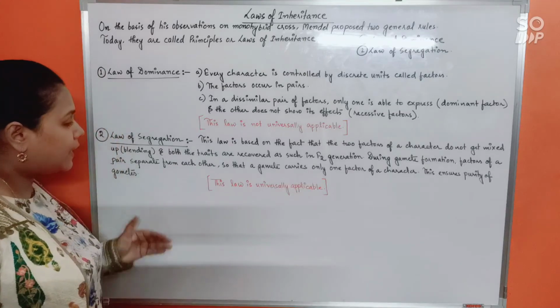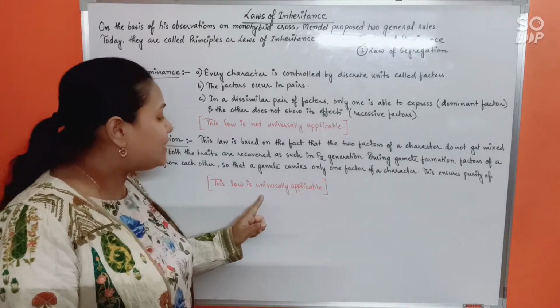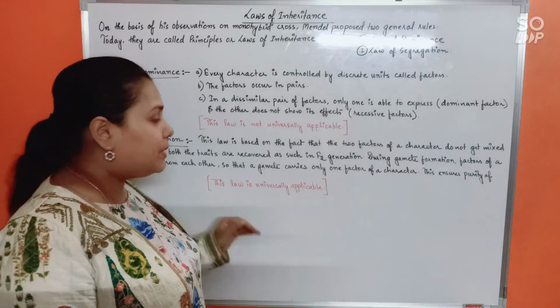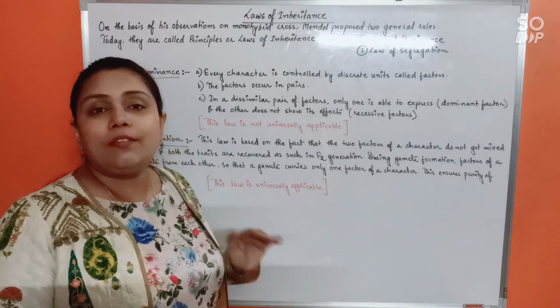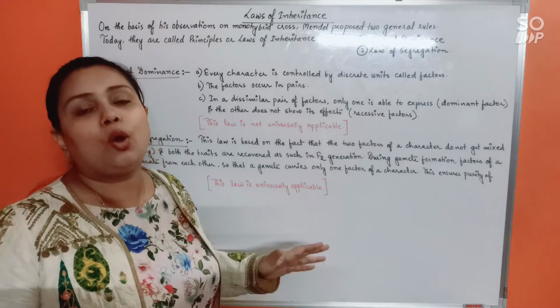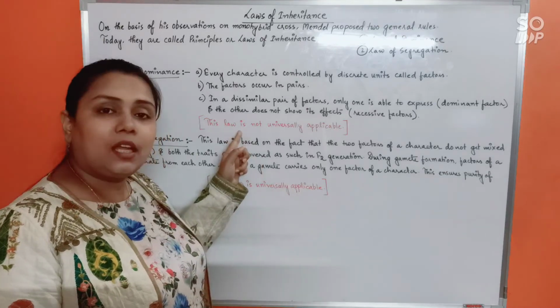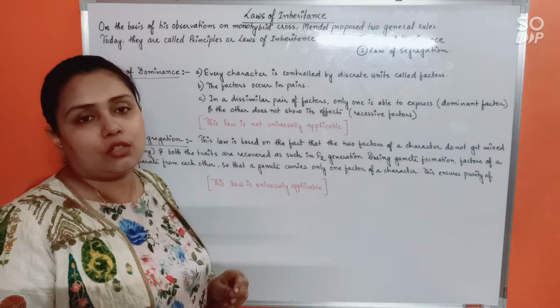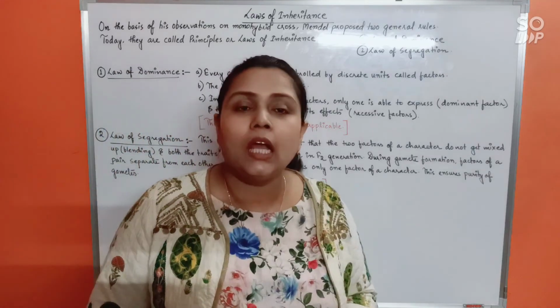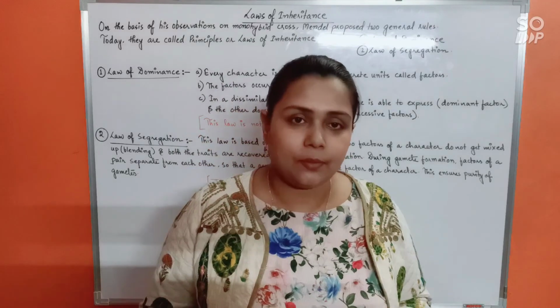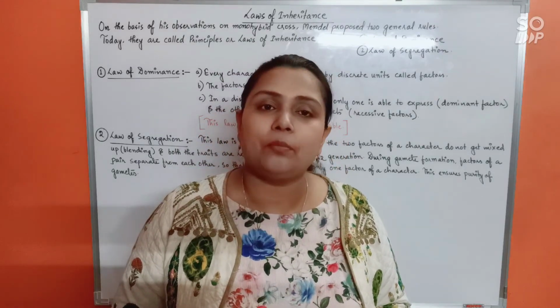But the law of segregation is universally applicable. This law does not show any deviation. It is going to be universally applicable to all organisms. But the law of dominance is going to show a lot of deviations. So in the next class we'll discuss the deviations to Mendelism, and we'll start with incomplete dominance.